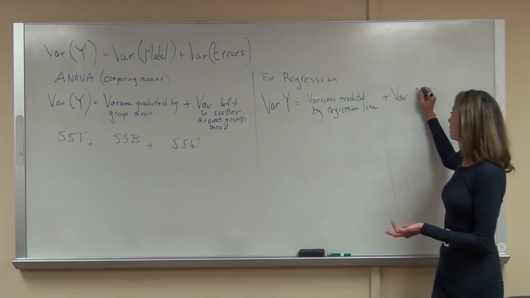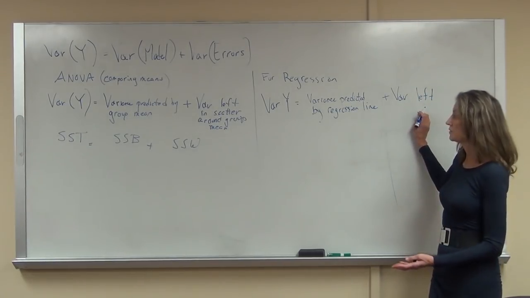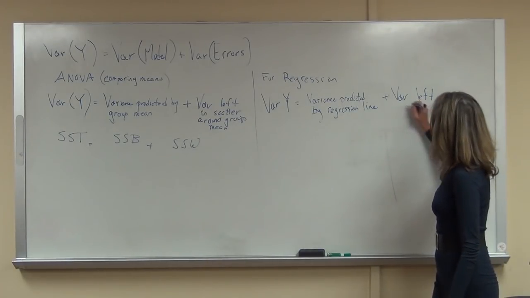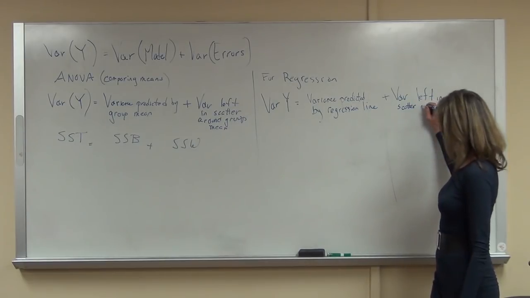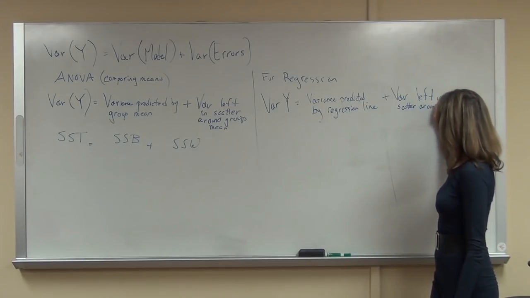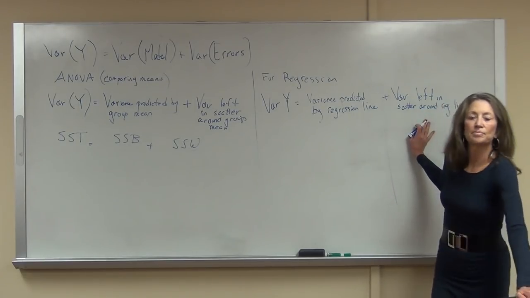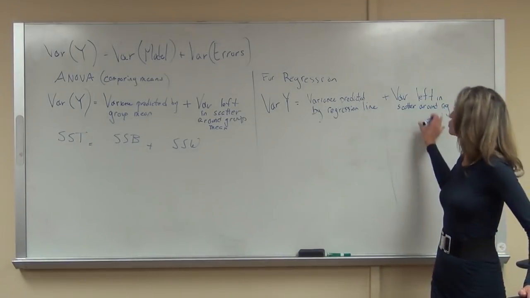So the unexplained variance left in the scatter around the regression line is like the standard deviation of the errors around the regression line squared.